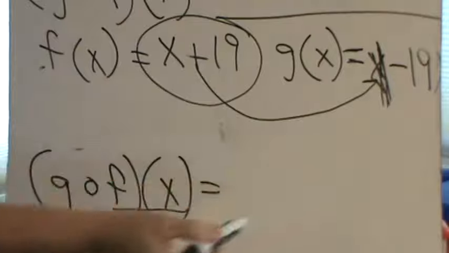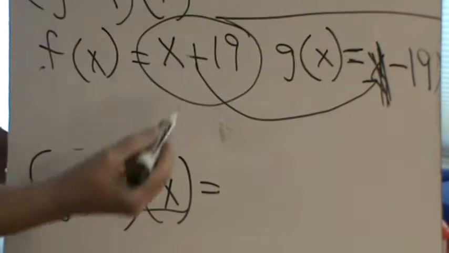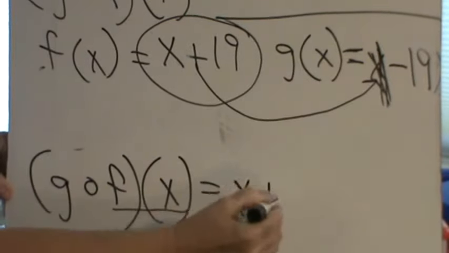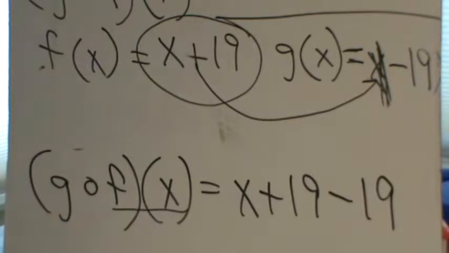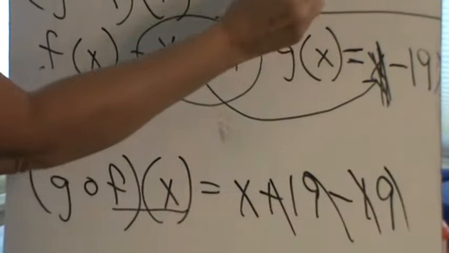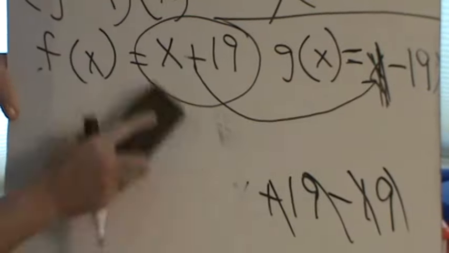Like, mark that x out and put this problem right there where x used to be. So you'll have x plus 19 minus 19. 19s cancel again, and you're going to wind up with x for the g of f of x. Does this happen every time? Do you always get the same answer? No, no, no, no. In fact, this is just kind of a freak happening. It just does not happen.